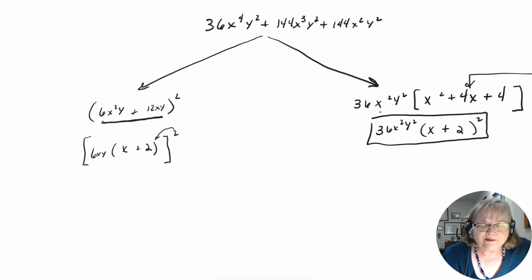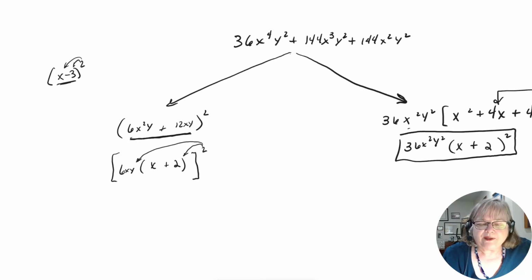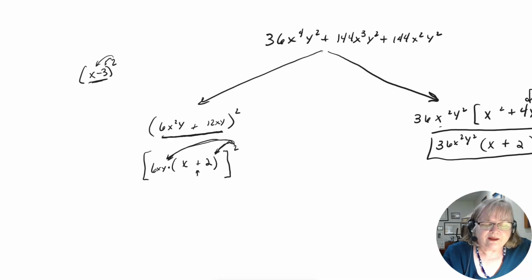Now this square applies to here and to this term over here. And I know that we were talking at the beginning about x minus 3 squared. You cannot do this, right? Because this is a binomial, and pluses and minuses make space. So see, there's a times right here. So this square applies to here and here. And yes, there's a plus right there, but it's kind of like a compound word, a word inside of a word.